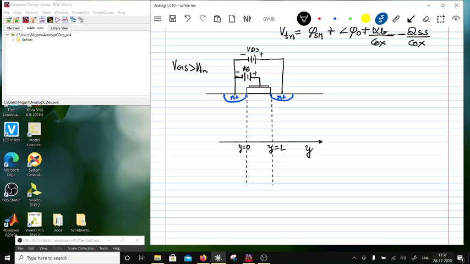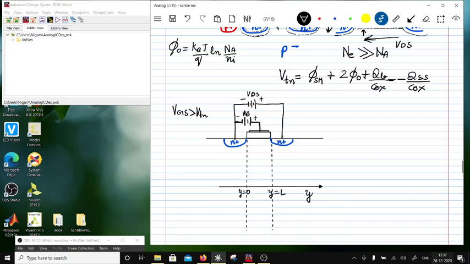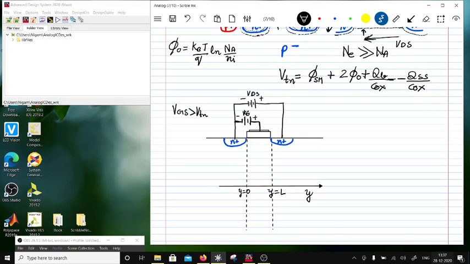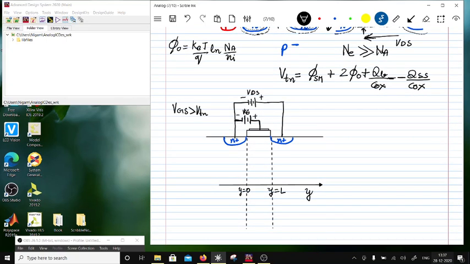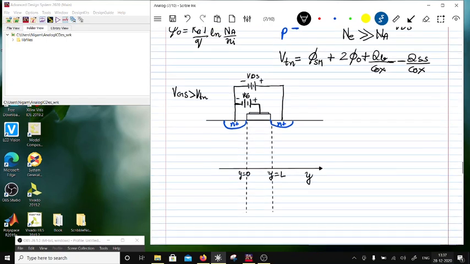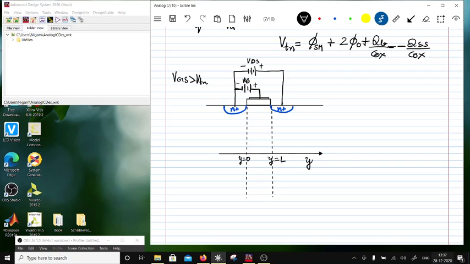So let us consider a case where this potential VDS is applied. VGS has to be greater than VTN for the channel to appear. Now, let us assume what happens when we apply VDS.